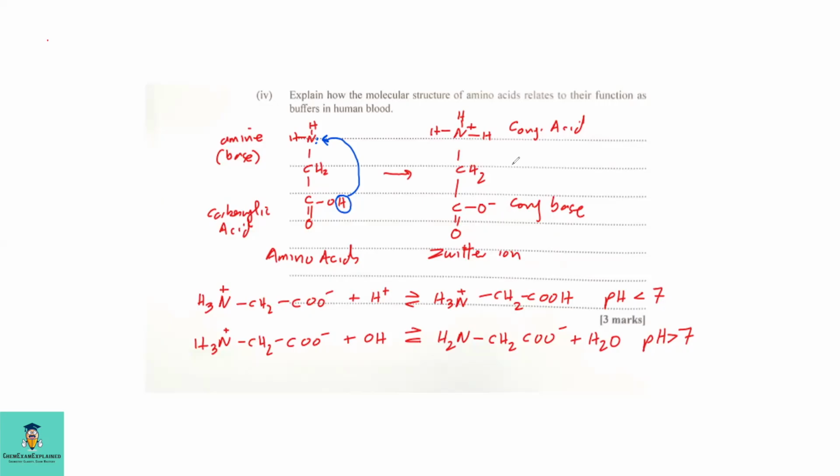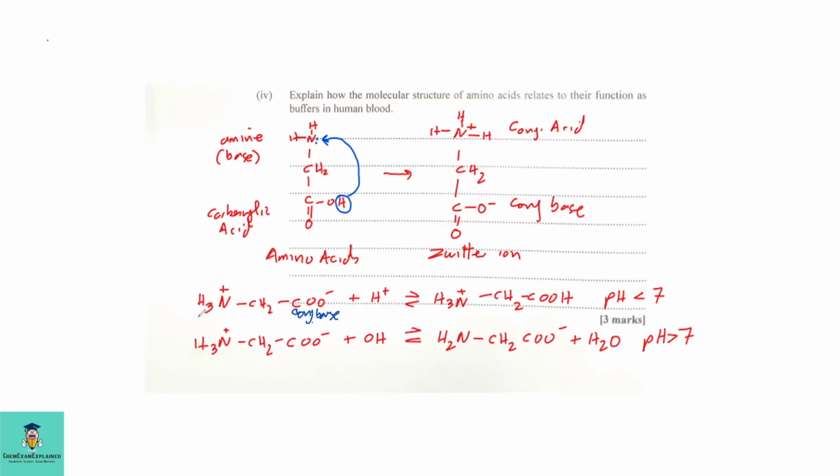So this is how our blood works to maintain a constant pH by using a buffer system in the form of a zwitterion. So when we have an increase in acid concentration in our bodies, which part will counteract the increase in acid? Remember now that this part is basic. So this part was our conjugate base.